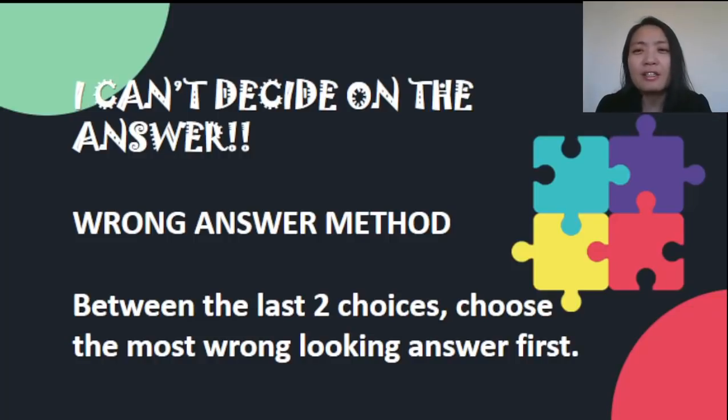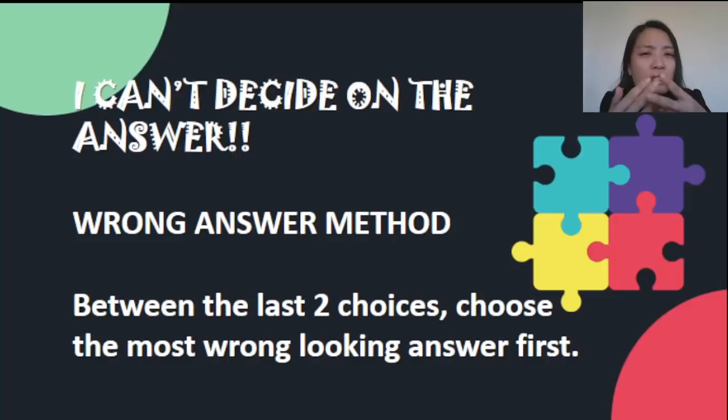The human eye. So when you have two different answers that you're not sure of, I know most of us like to choose which is the best answer. We will see whether this one is better or this one is better. But no, I want you to change your mind. Tell yourself, okay, between the two, which one looks more wrong?